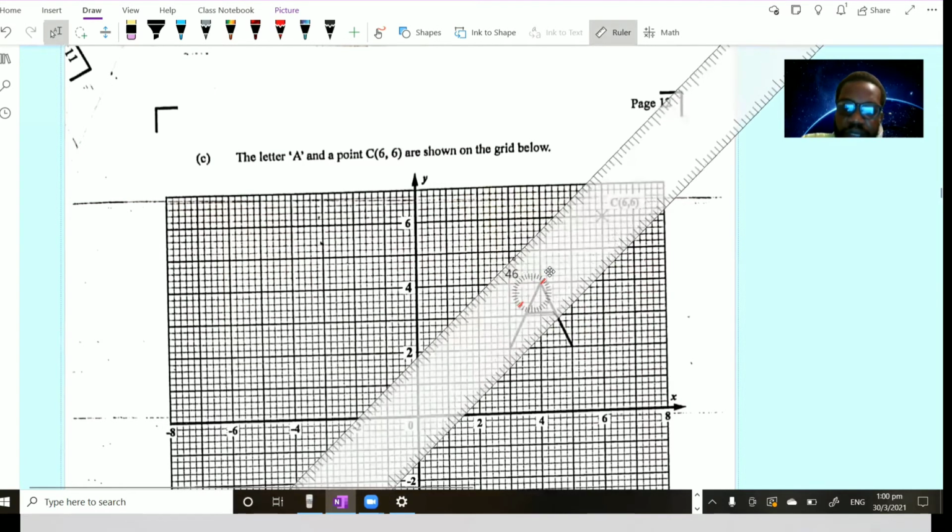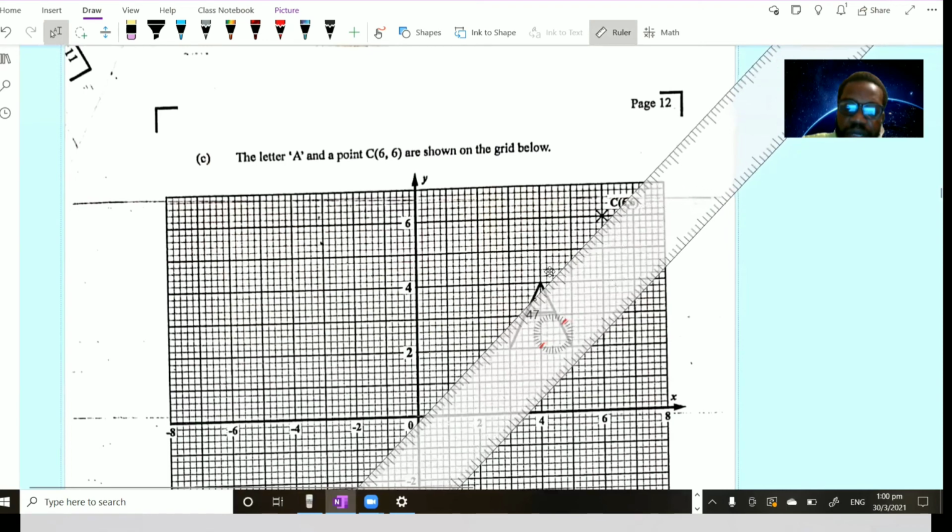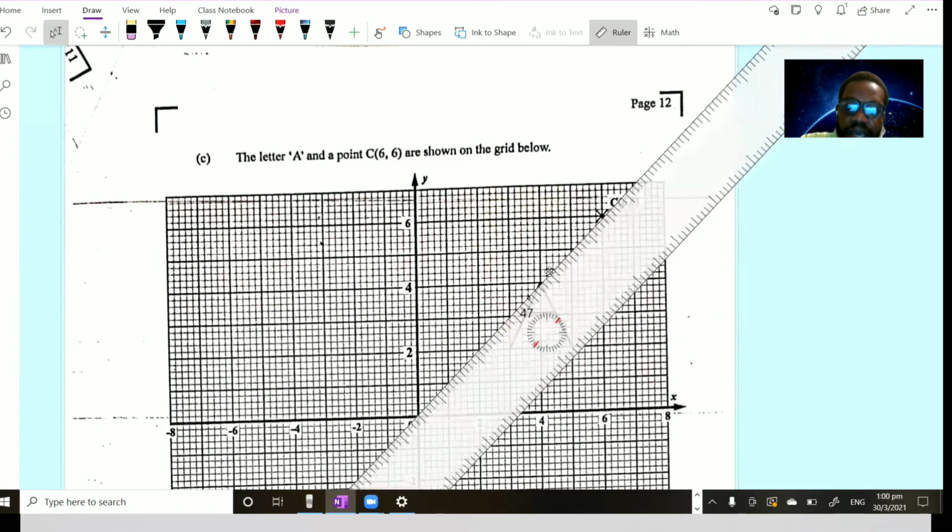Let me move this here. So you could use your ruler to measure the distance from the center to A. And let us say that that distance is 2 units. Hypothetically speaking, there are no units on my ruler, so I'm just saying 2 units. It means that the distance from the center to the image would also be 2 units.